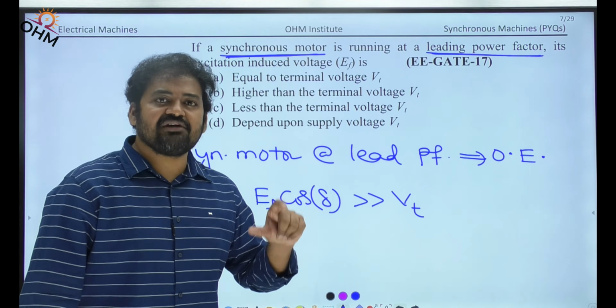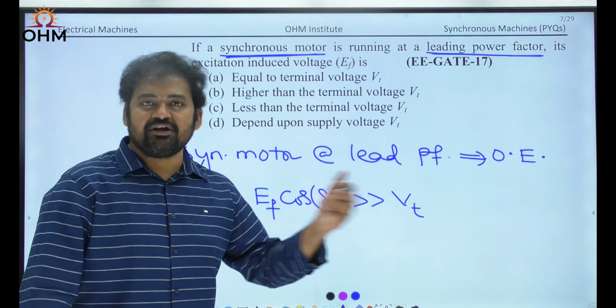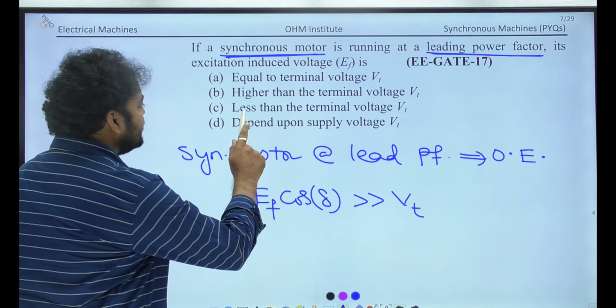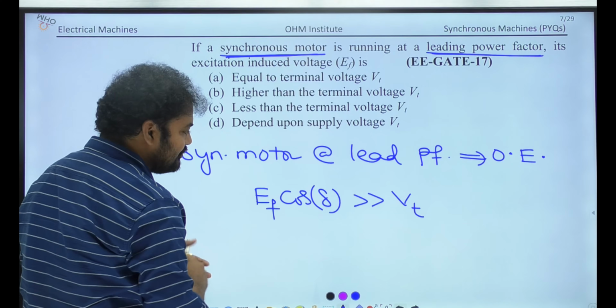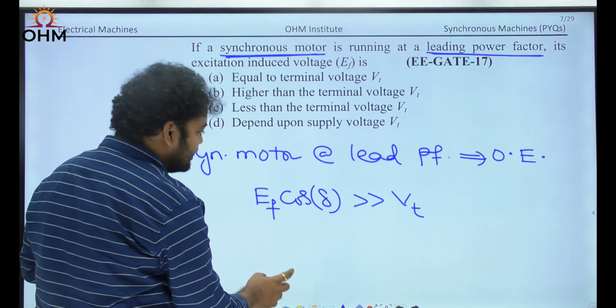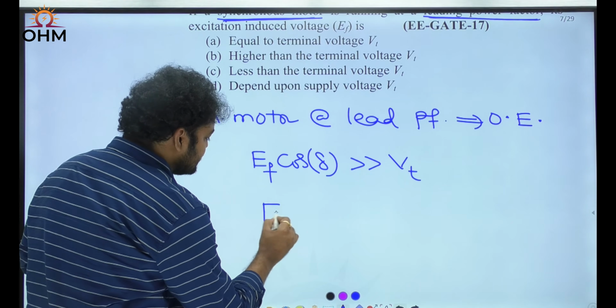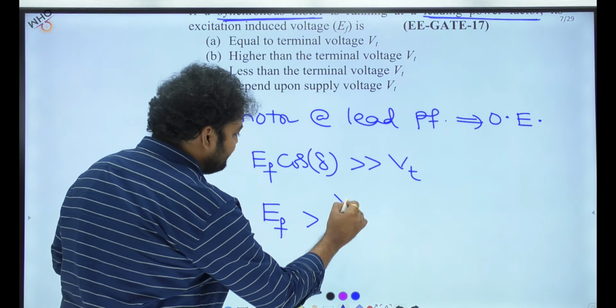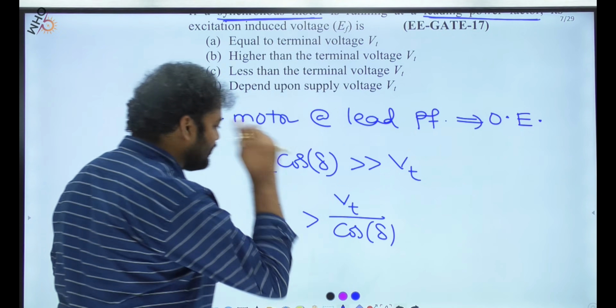Don't compare EF and Vt; we have to compare EF cos delta and Vt. But in the question, we need to compare the EF value and the Vt value. So what you do is take this cos delta to the right side. Therefore, EF is greater than Vt by cos delta. And what is the range of cos delta?